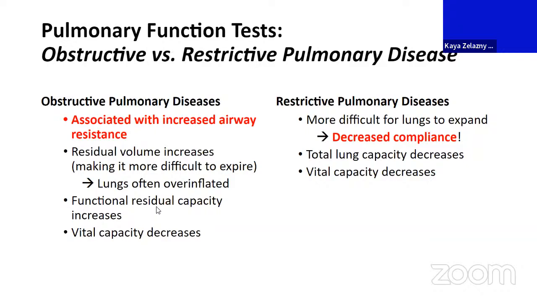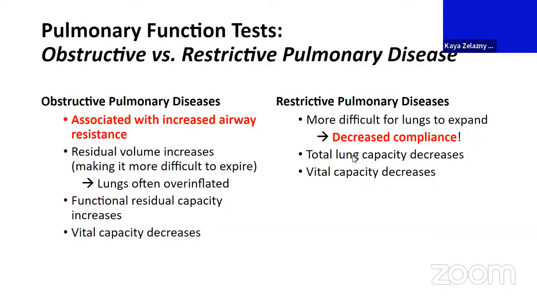So in our obstructive pulmonary diseases, we're going to see that our functional residual capacity is going to increase while our vital capacity decreases. And in our restrictive pulmonary diseases, our vital capacity, again, so like all the air we can move, is also decreasing. But instead of having an effect on our functional residual capacity, we're also going to see an effect of the restrictive pulmonary disease on our total lung capacity.